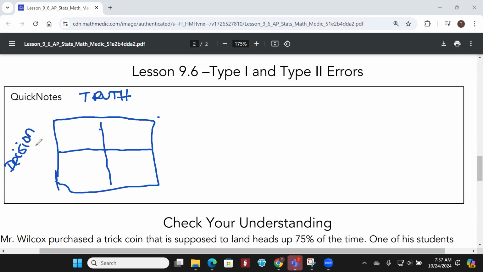Okay. So if we have the null hypothesis is true, and if we have the alternative is true, these are kind of similar to truth tables. If you ever take philosophy in college, this is part of that class. Okay. So if the null hypothesis is true and you reject the null, then you get a type 1 error.